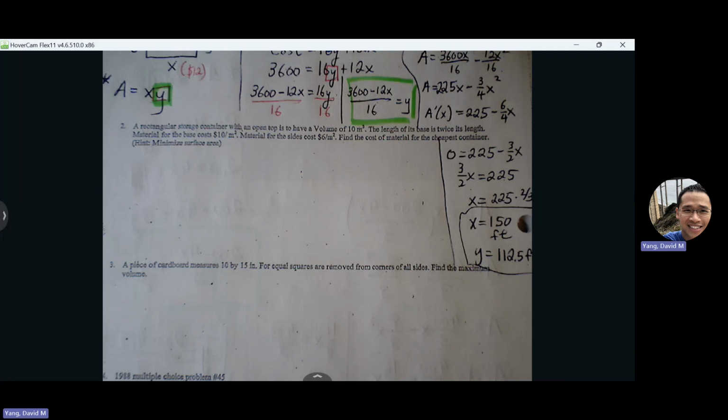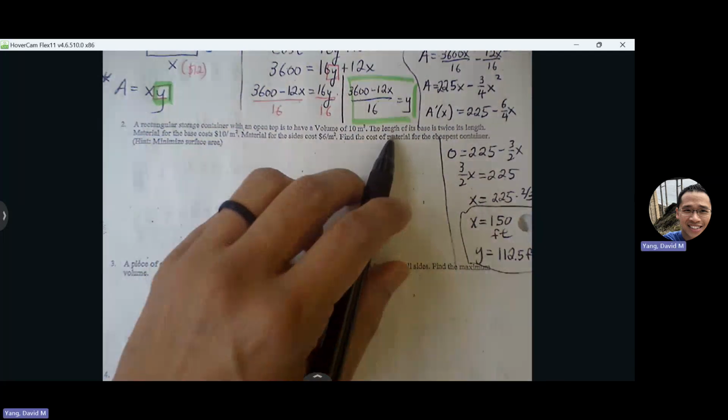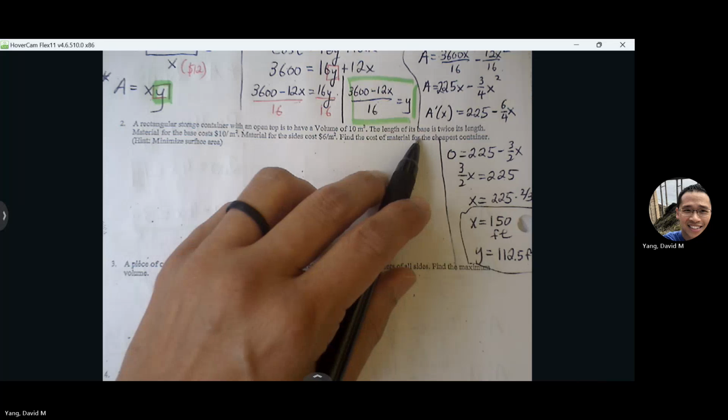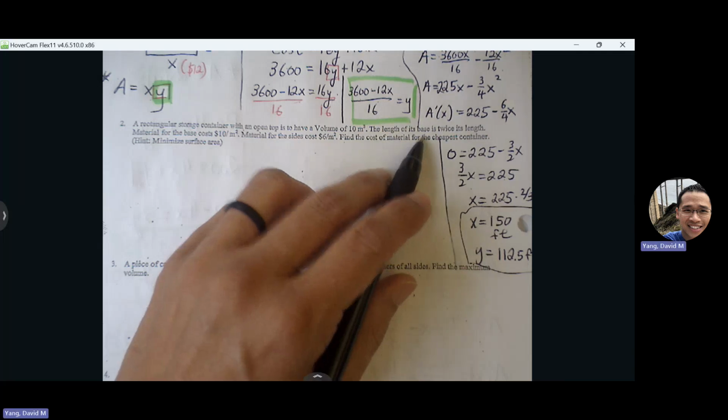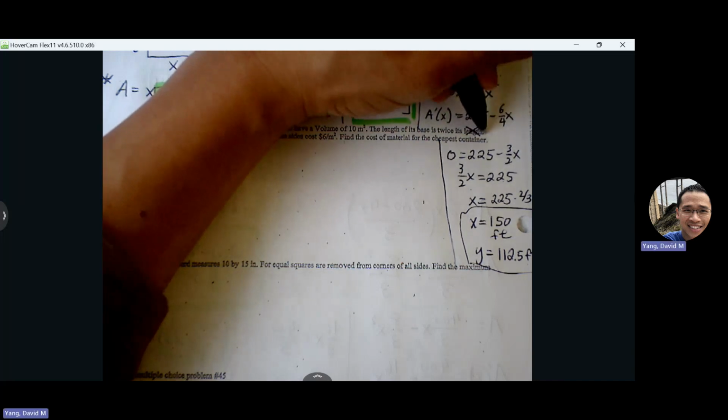All right, number 2. We have a rectangular storage container with an open top. The length of the base is twice its width.